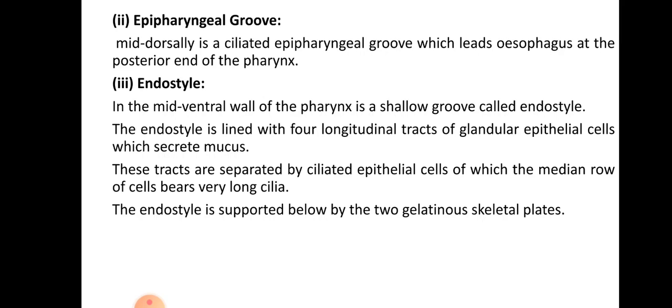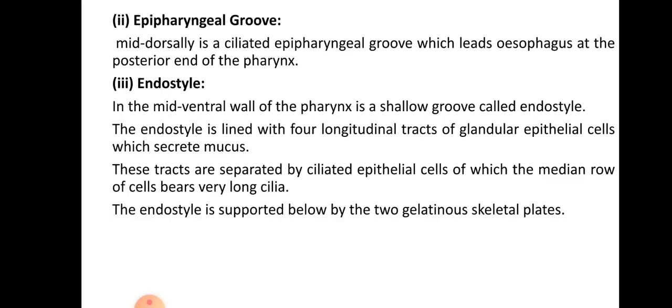Epi means above, so the groove that runs towards the upper part of this pharyngeal cavity is the epipharyngeal groove. Peripharyngeal groove. Peri means towards the periphery. And one more is the hypobranchial or the endostyle, which runs along the floor of the pharyngeal cavity.